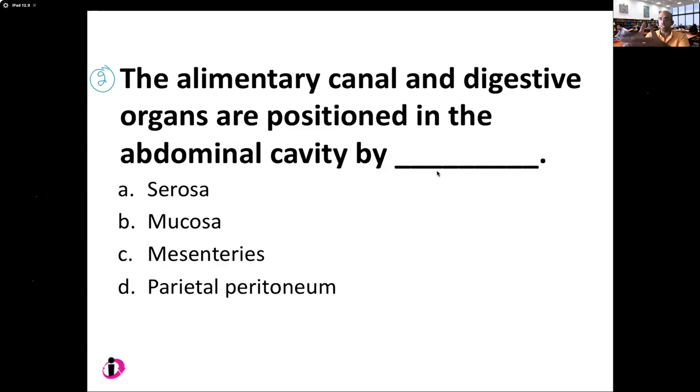What is holding the abdominal organs to one another? Parietal peritoneum. Any other answer? Mucosa. What do you think?